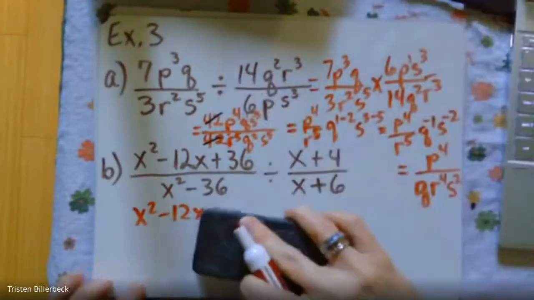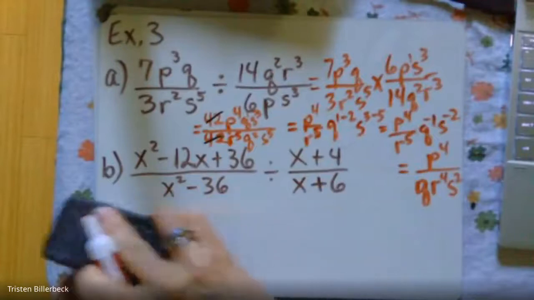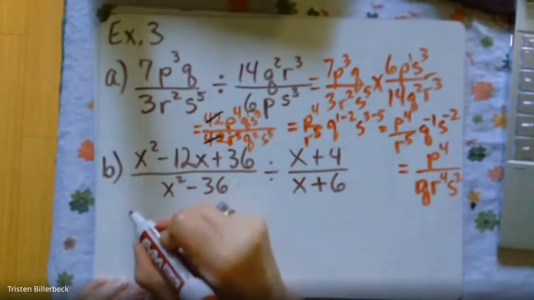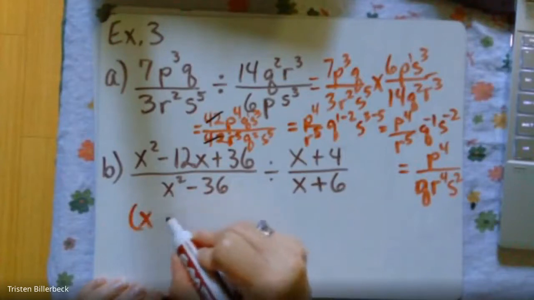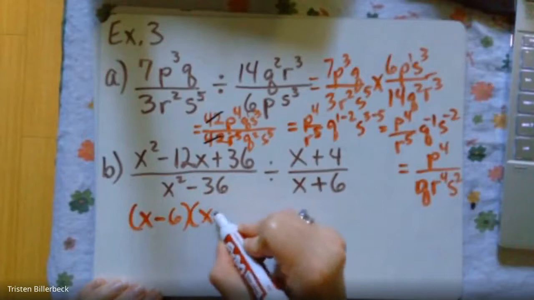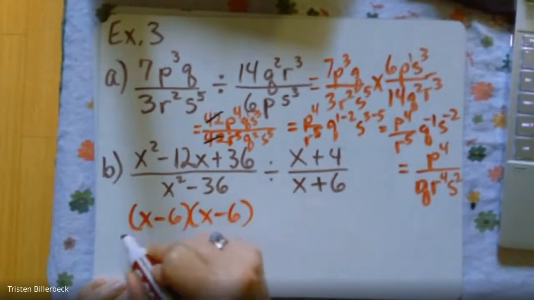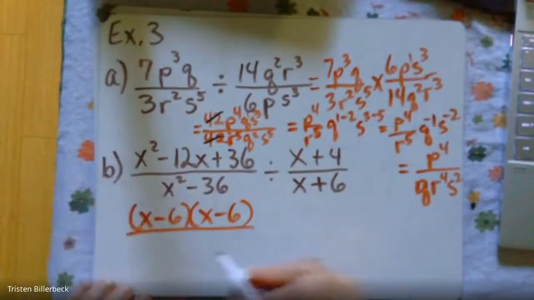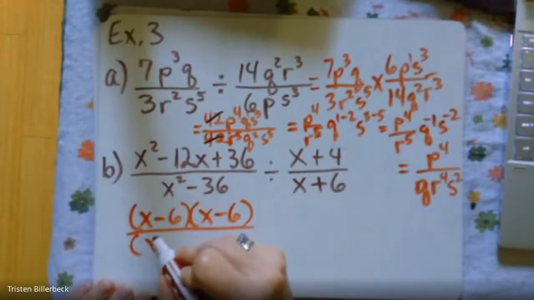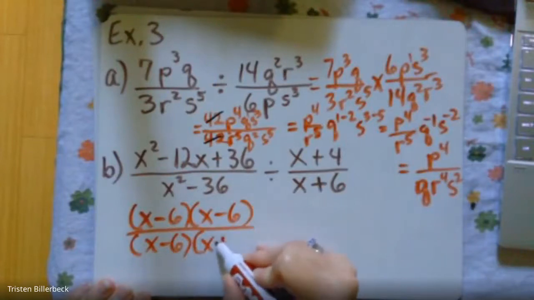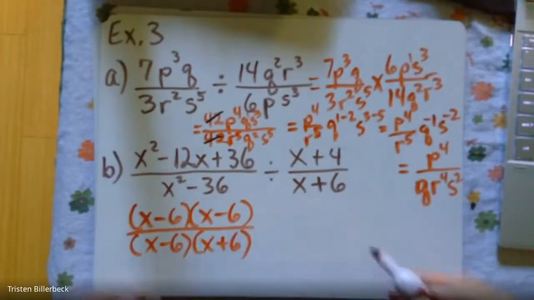And while we're doing that, let's factor this. This is a perfect square trinomial, meaning it's going to look like this: x minus 6 and x minus 6. Down here, we have a difference of squares, and so that means we're going to alternate signs. Told you, it's Where's Waldo?